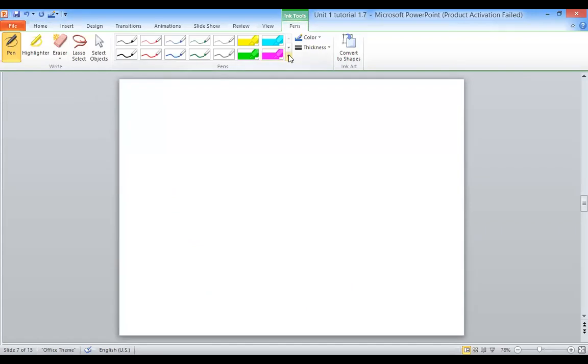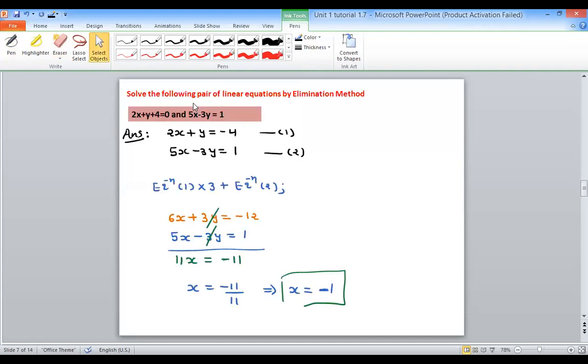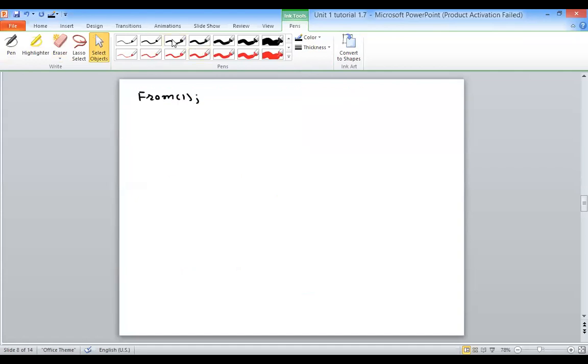So from 1, my equation is 2x plus y is equal to minus 4. I am putting here x is equal to minus 1.